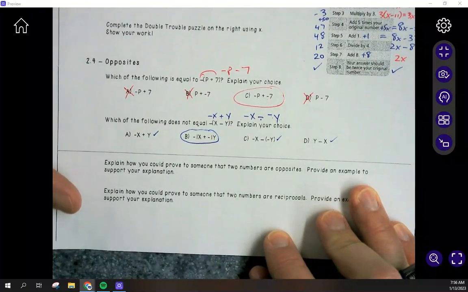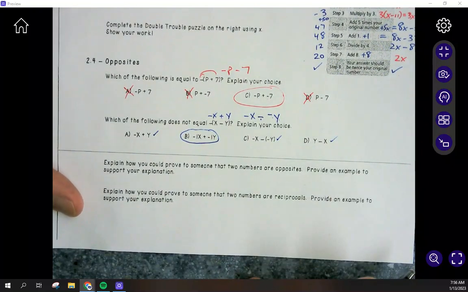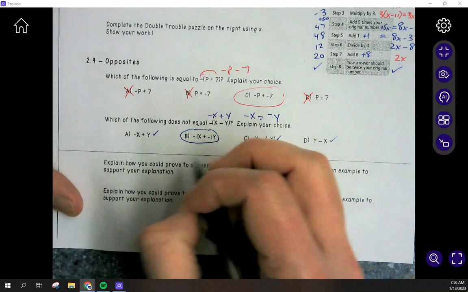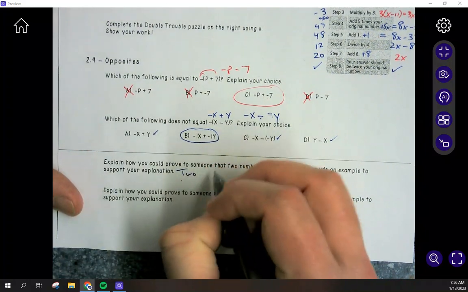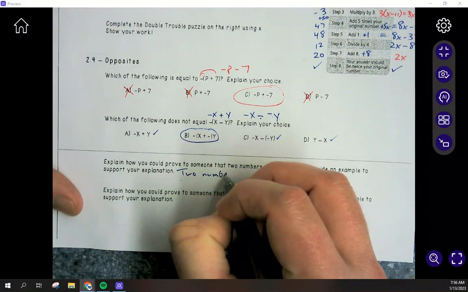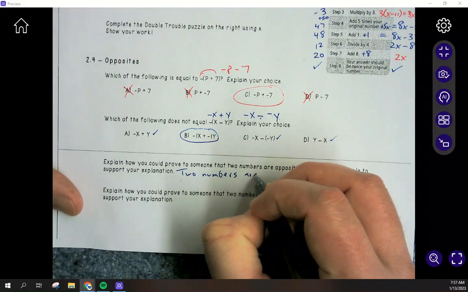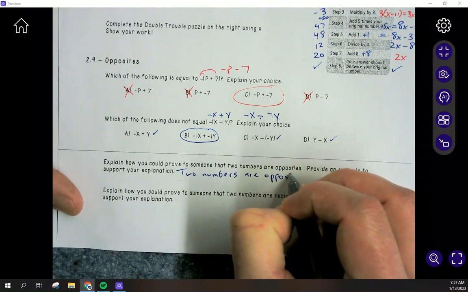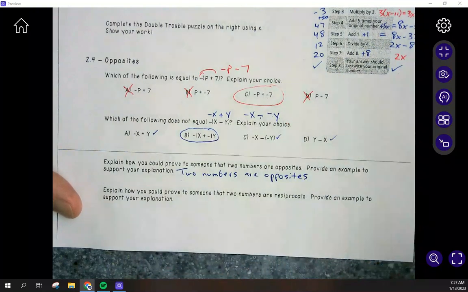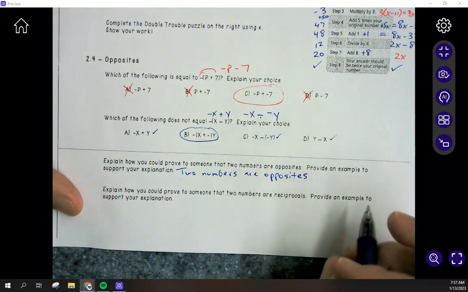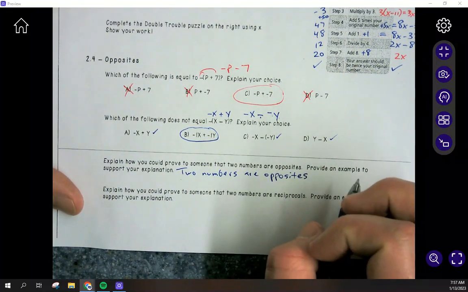Okay, explain how you could prove to someone that two numbers are opposites. So the definition says two numbers are opposites. Now, technically they're the same distance from 0, but the way we prove it is we add them together and get 0.